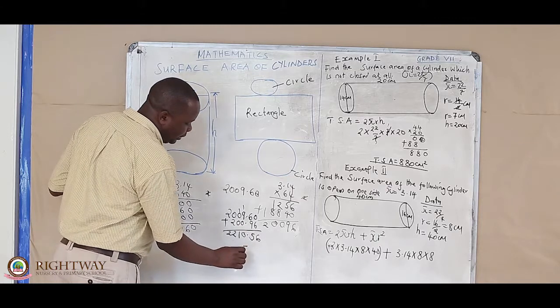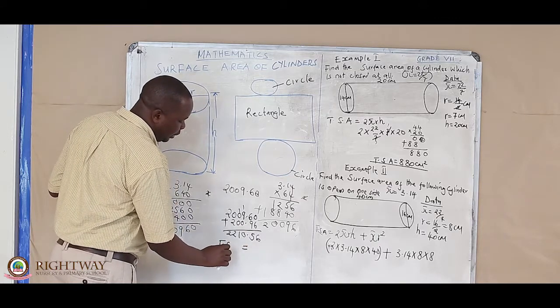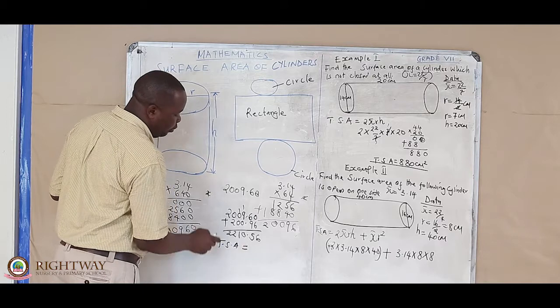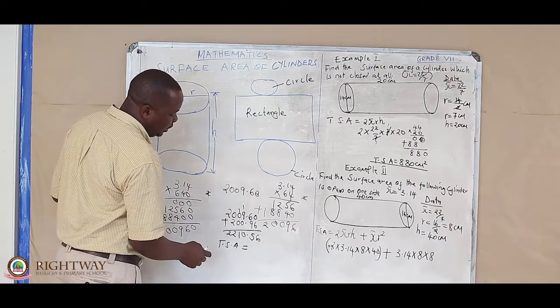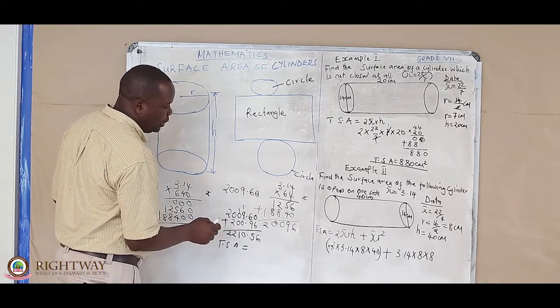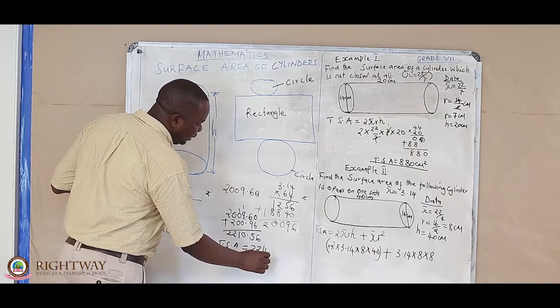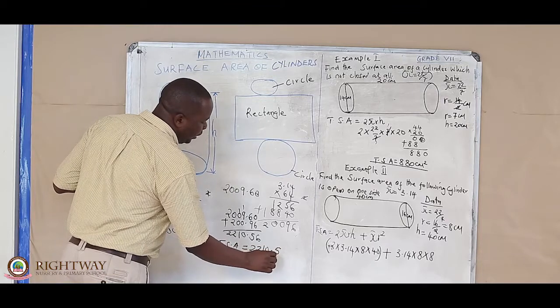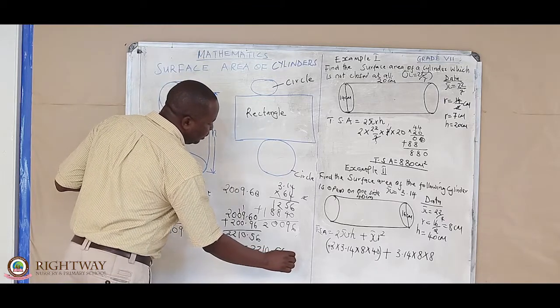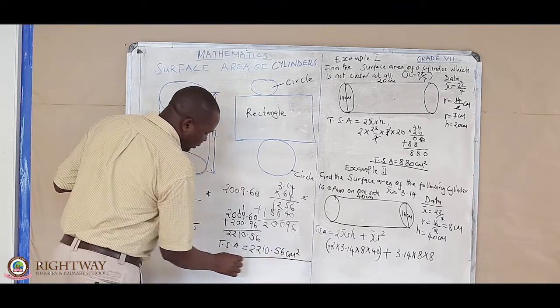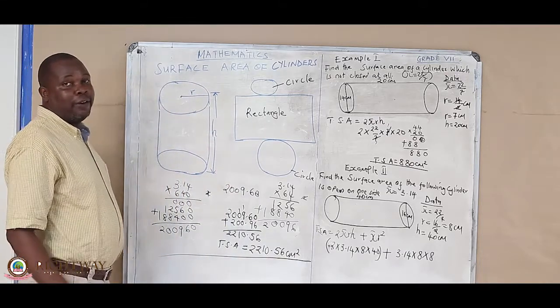So we shall get our answer as total surface area of that cylinder, which is open on one side, giving us 2210.56 centimeters squared.